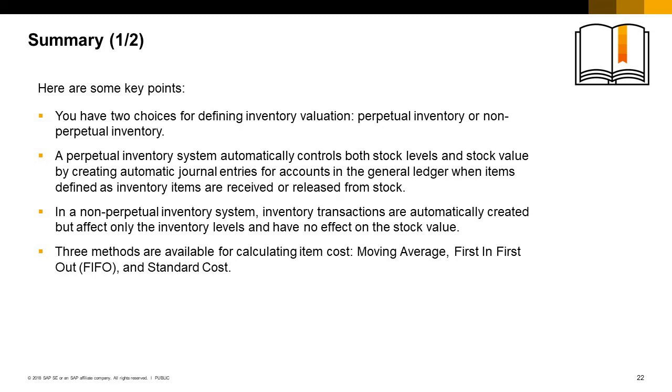In a non-perpetual inventory system, sales, purchasing, inventory, and production transactions automatically create inventory transactions which affect only the inventory levels and have no effect on the stock value. However, it is possible to get an estimate of inventory value using different inventory reports. Three methods are available for calculating: moving average, FIFO, and standard cost.